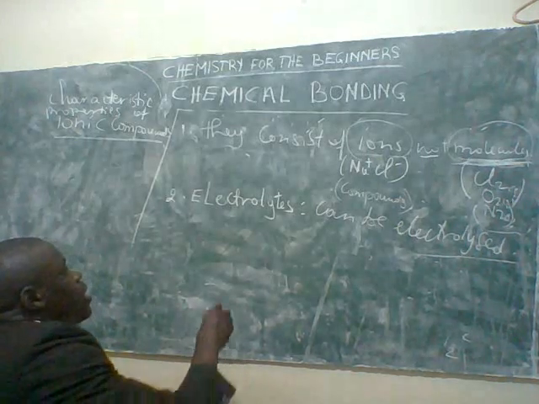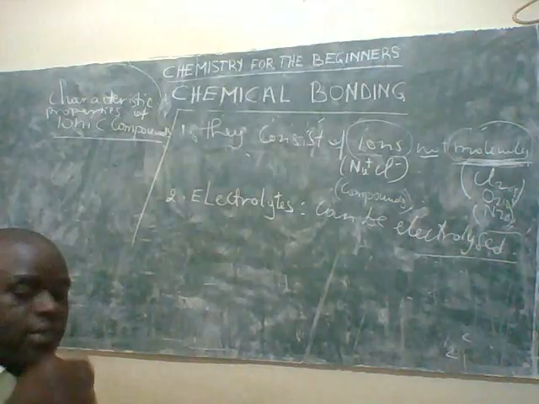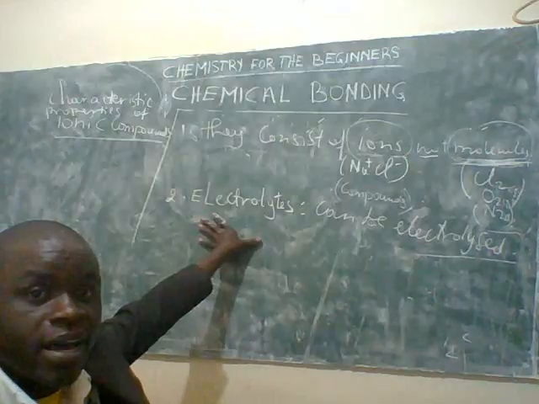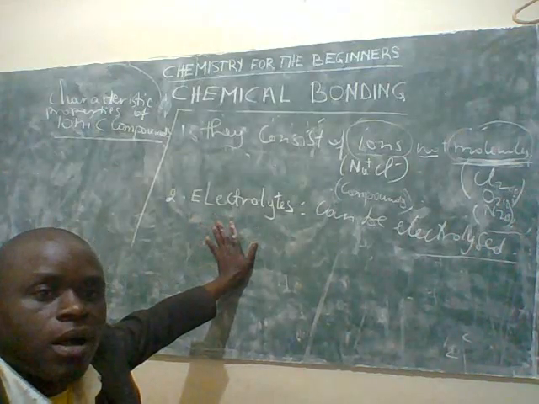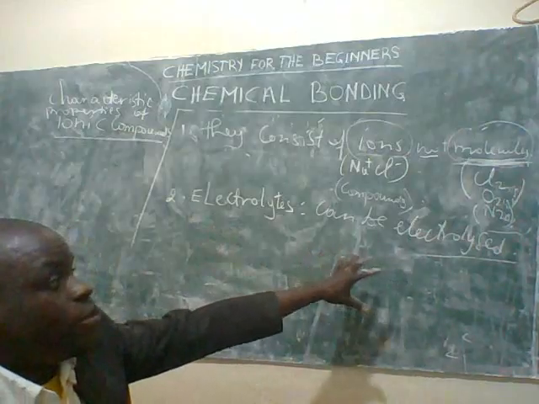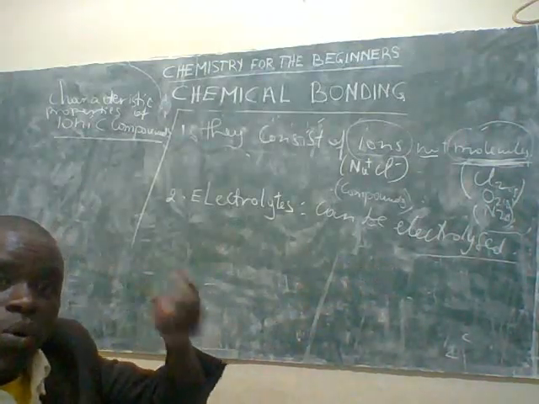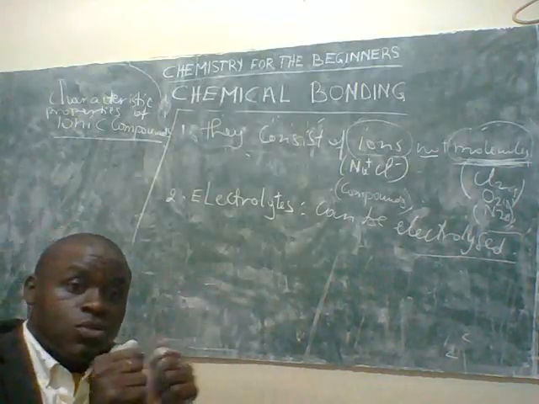There are many types of electrolytes. There is also the method that uses electrolysis to separate two atoms.